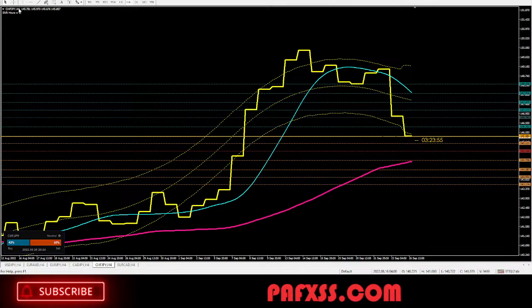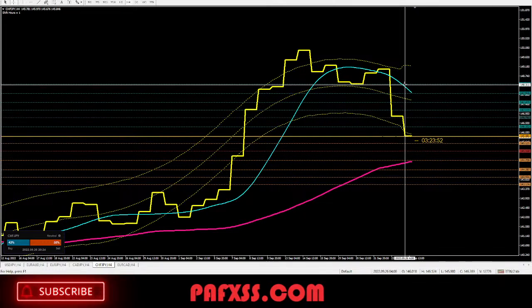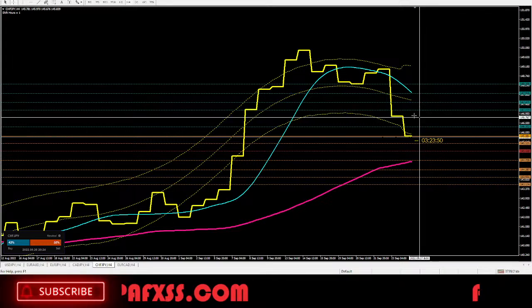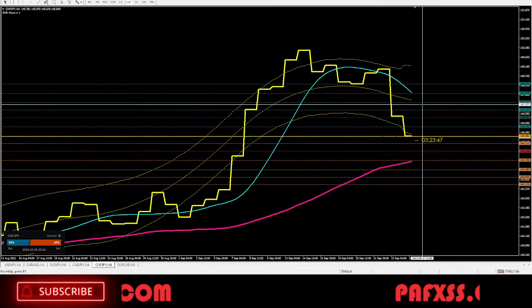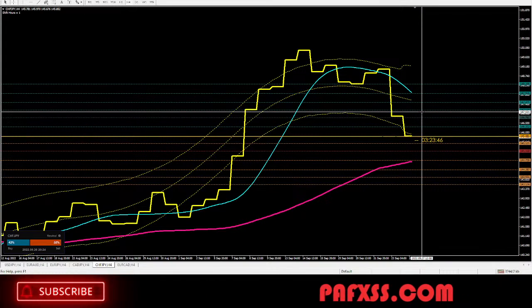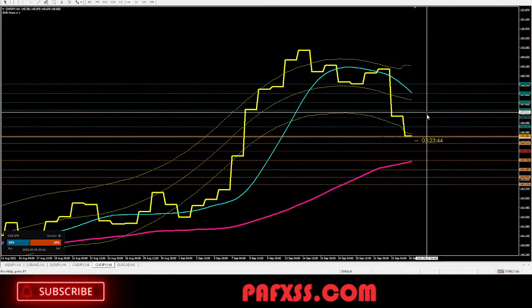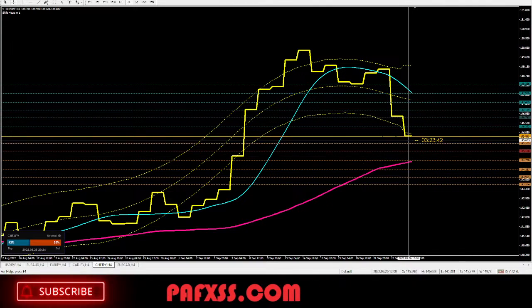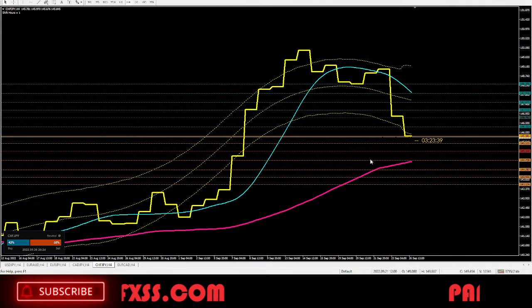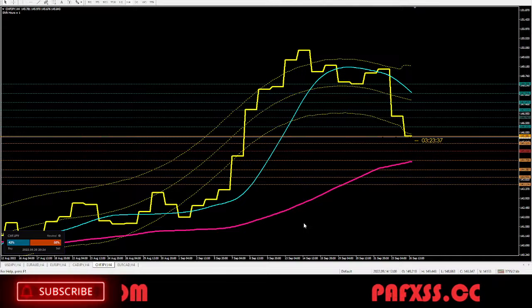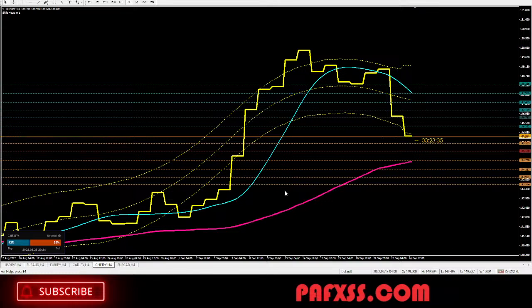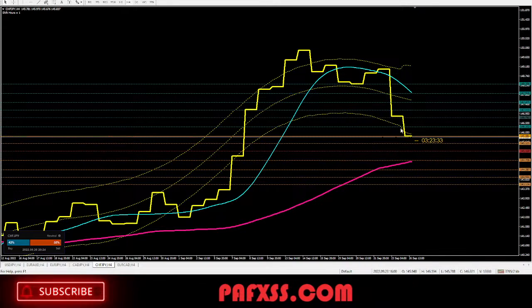CHF JPY. Look, once the NT line crosses the middle line channel, it's game over. Put the order in.